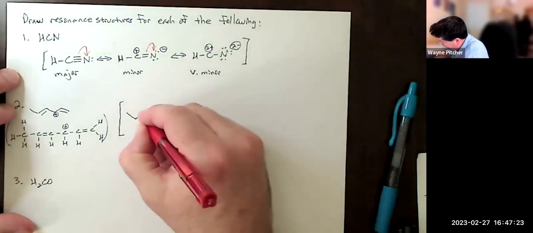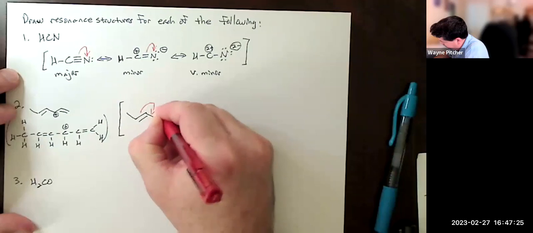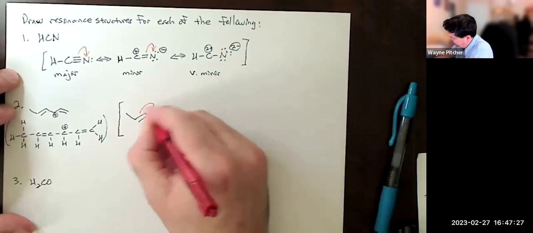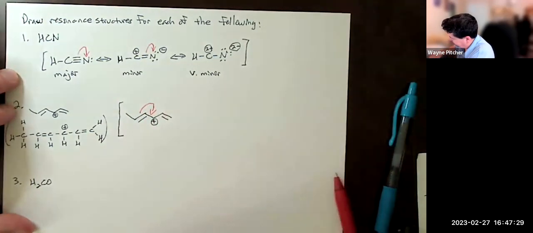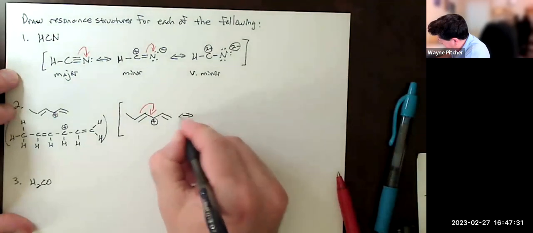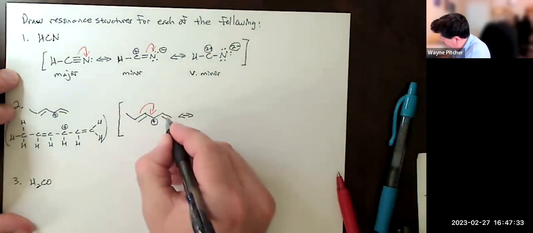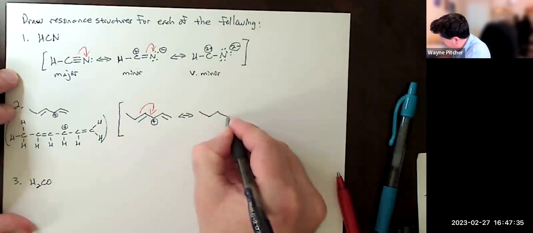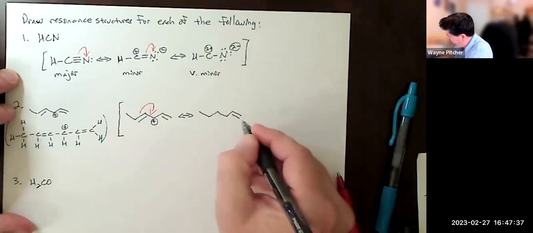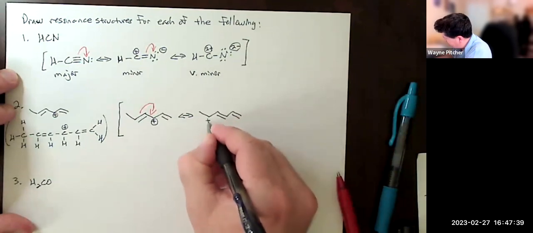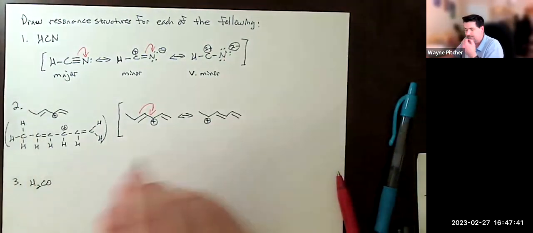So I could have a pair of electrons here from this double bond move over, and so that bond is still in the same place. That guy's there, and now my positive charge is going to be there.